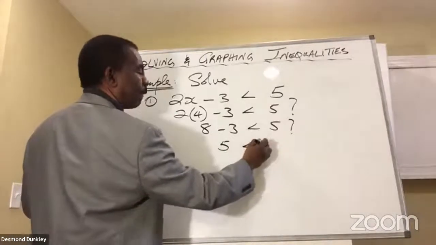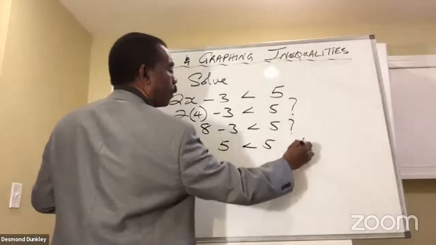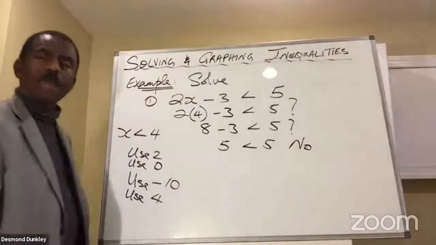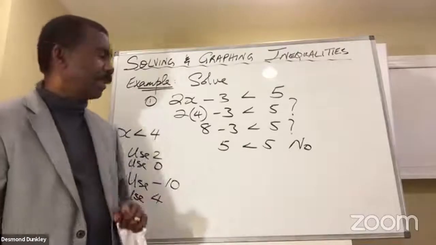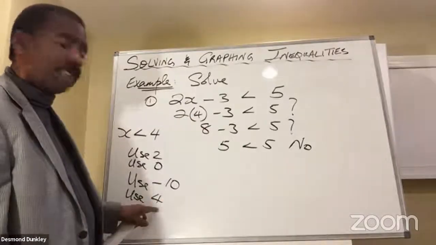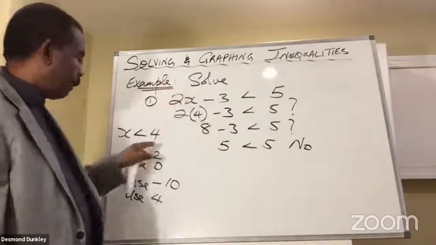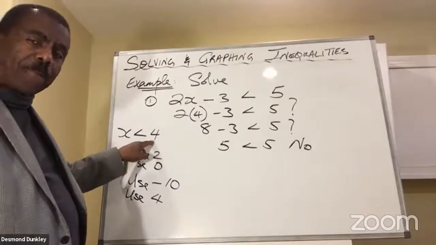Is 5 less than 5? No. No, 5 is not less than 5. 5 is equal to. It's not less than. So we realize that 4 does not work. And that's why we said x must be less than 4.